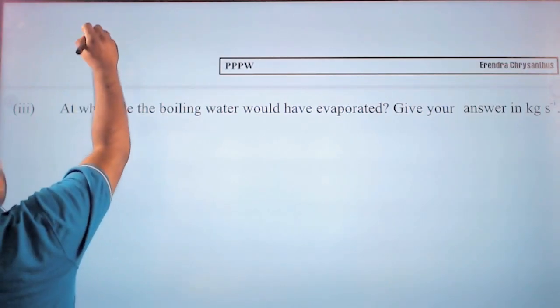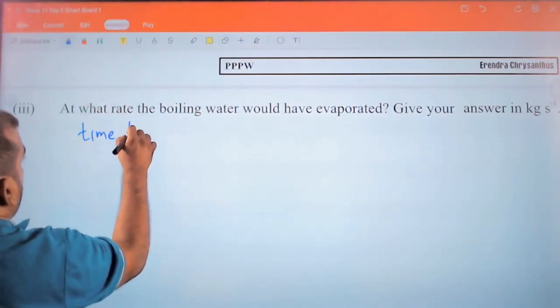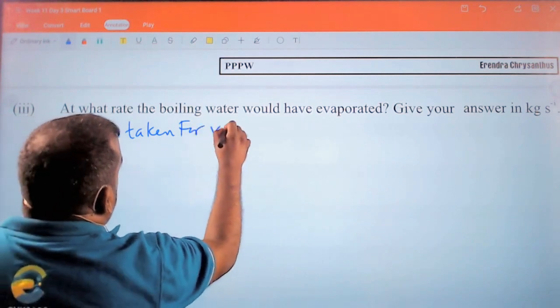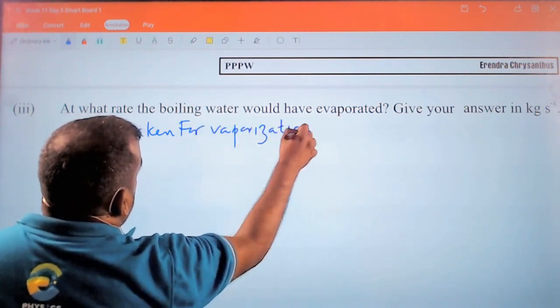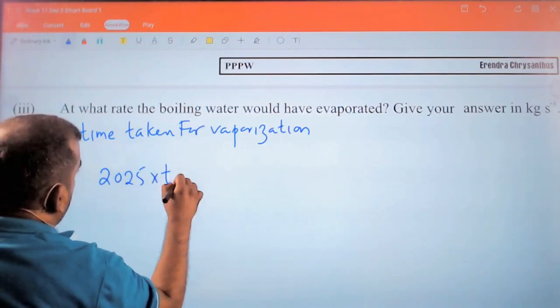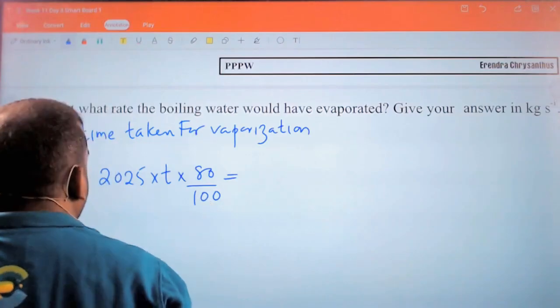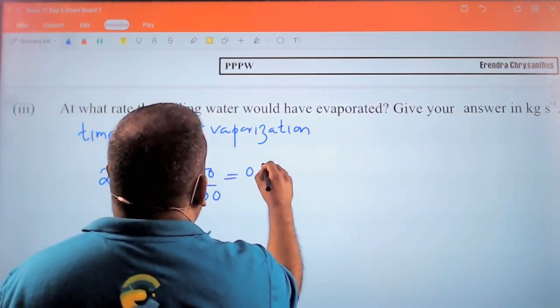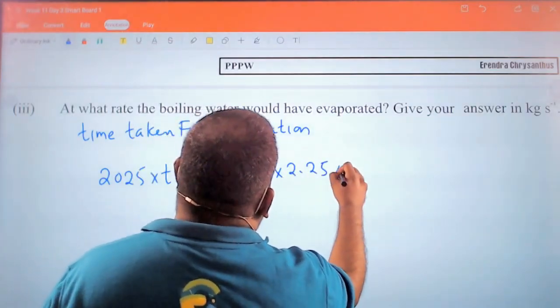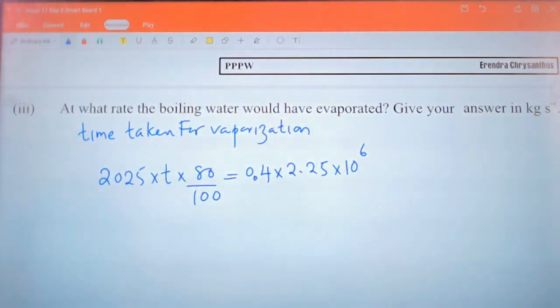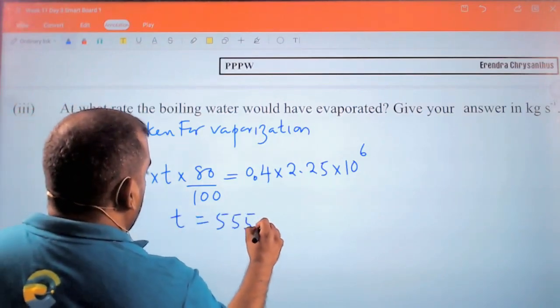So time taken for vaporization: 2025 into time, 80% of it is given. 0.4 has vaporized. 0.4 2.25 10 to the power 6, 1000 divided by 80 2025. That will give you 555.6 seconds.